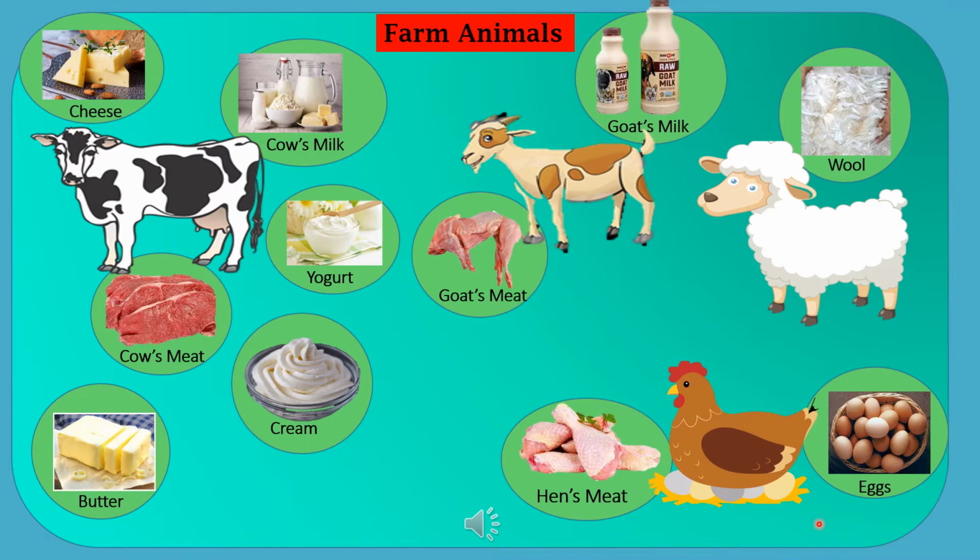I am suggesting you take a drawing book of color pages. On one page paste the picture of a cow, and then draw or paste the things you can get from the cow. On the next page, paste the picture of the goat and draw or paste the things we can get from the goat.